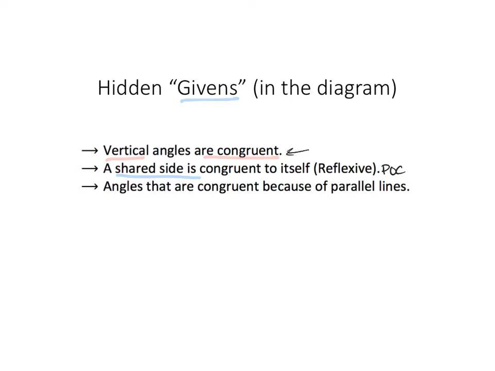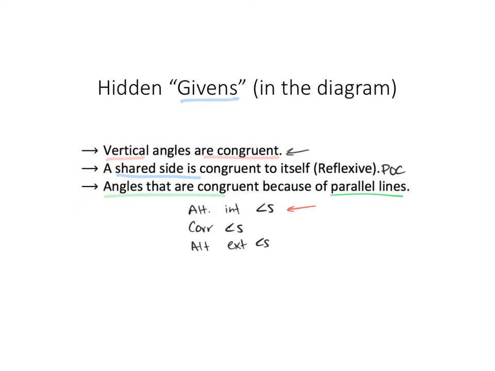And then, if you are told that there are parallel lines in your diagram, you can sometimes find angles that are congruent. In that case, the things you would write would be alternate interior angles are congruent, corresponding angles are congruent, or alternate exterior angles are congruent, but most likely the one that you're going to use most often in triangle congruence is alternate interior angles.